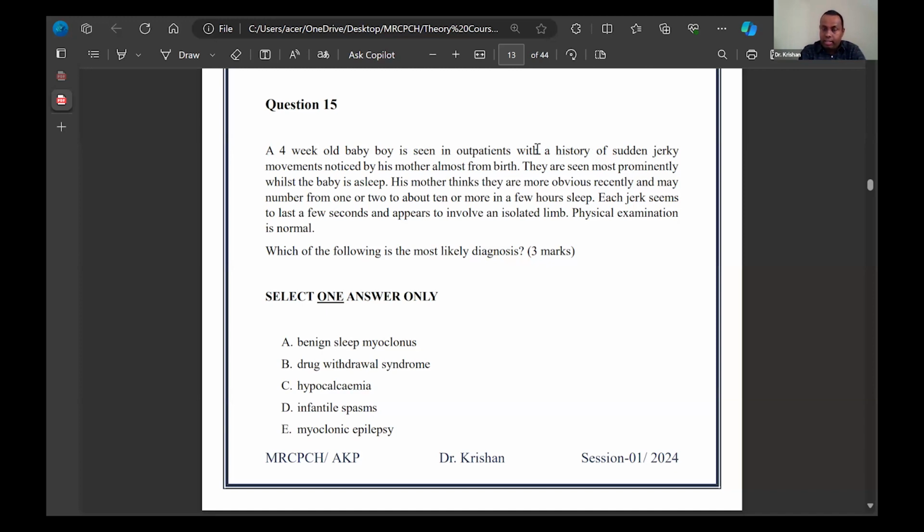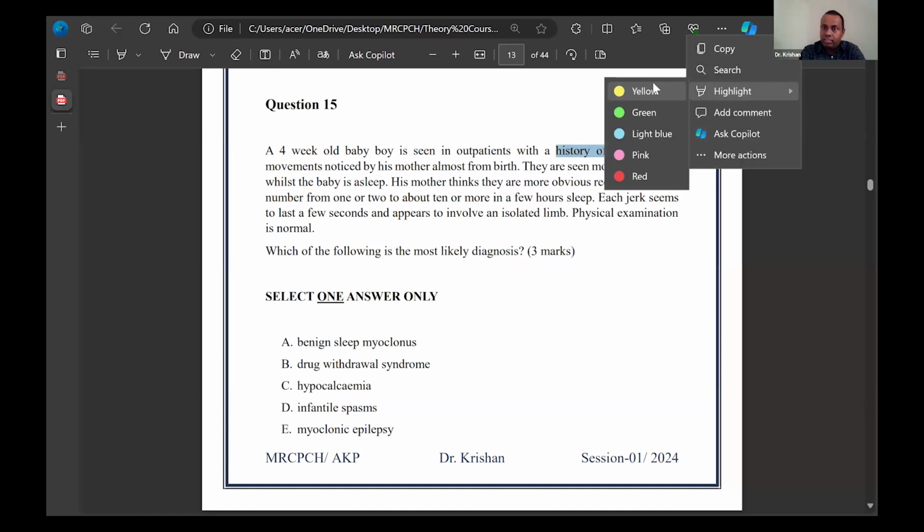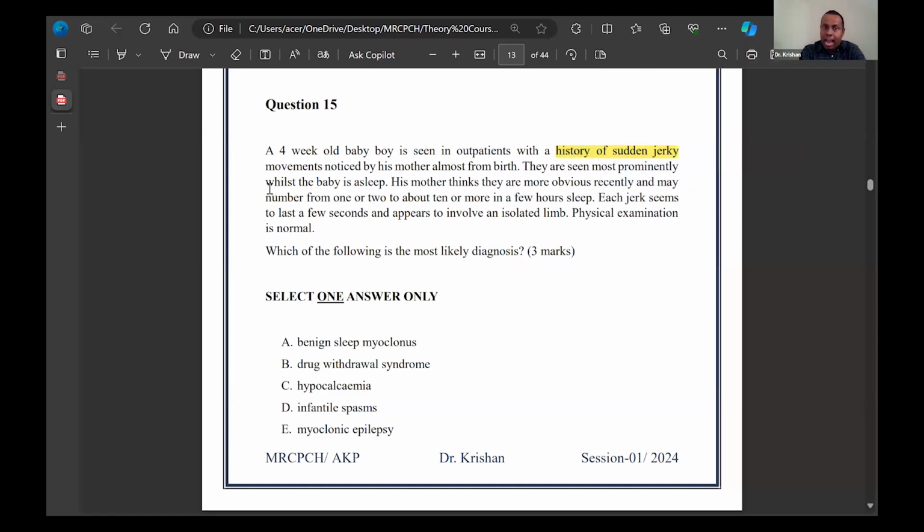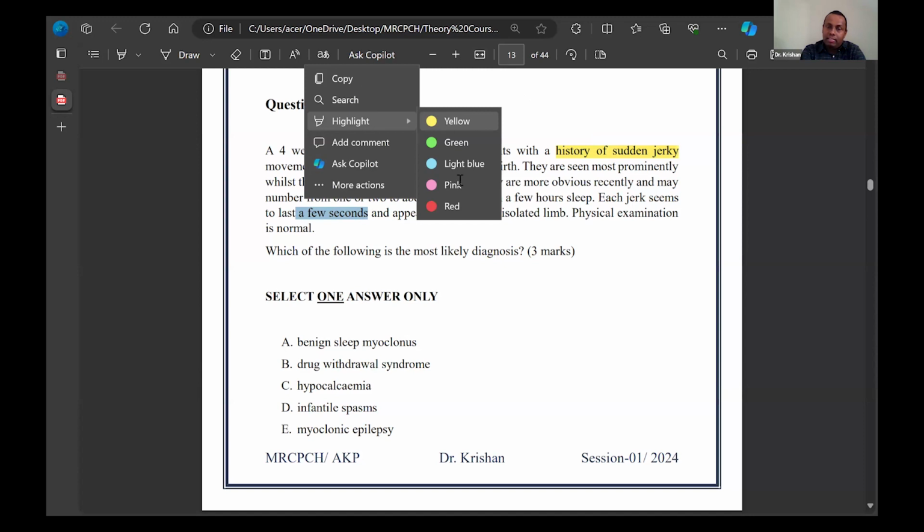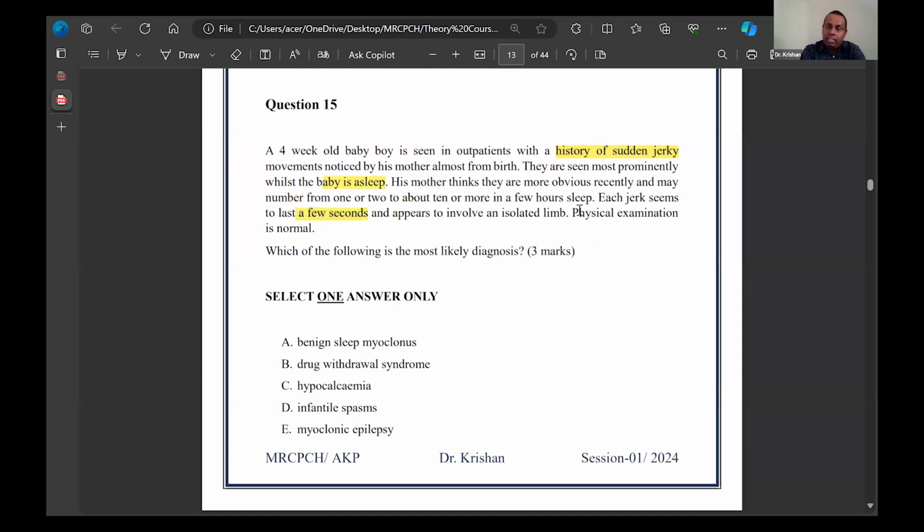Right. Okay. It's a good idea to highlight things. This is a short question, right? History of sudden jerky movements. That is something that we need to know. And predominantly during sleep is something that we need to know. And each jerk lasts for about few seconds, and limbs are involved.